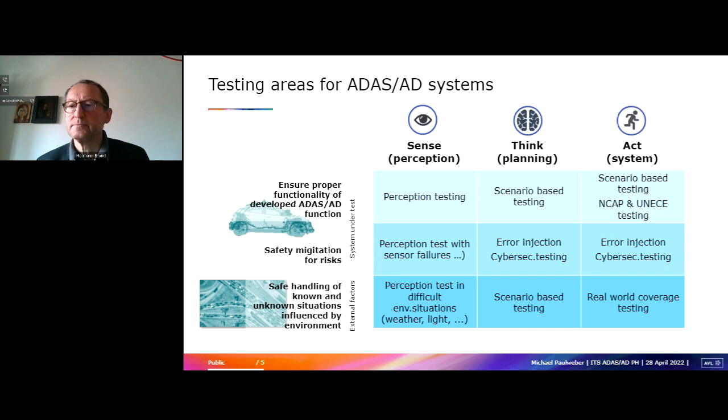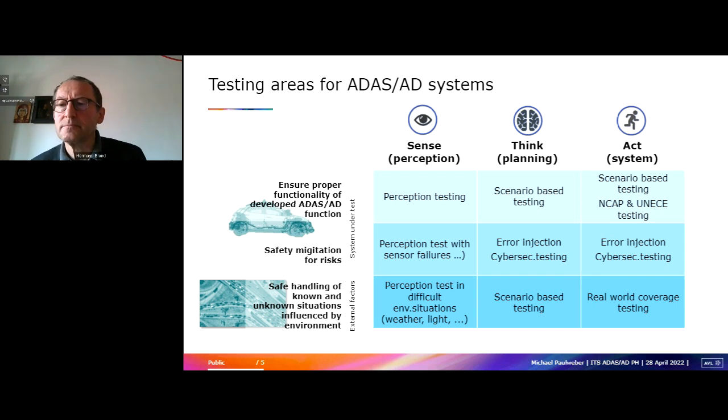In all of these layers, you can have these three problem areas, which I explained before, which means you have to check that the functionality which is specified is really implemented correctly. You have to check safety mitigation for internal risks, and then you have to check if you have a safe handling of known and unknown situations influenced by the environment.